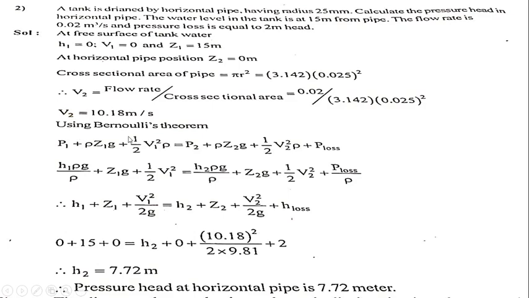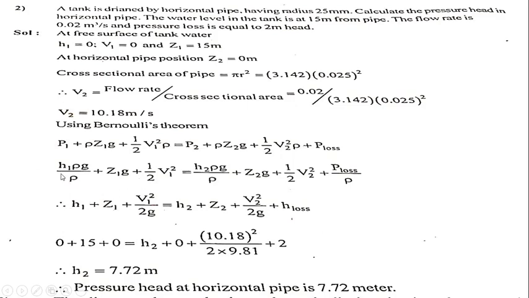Using Bernoulli's theorem, P1 plus rho Z1 g plus half V1 square rho equal to P2 plus rho Z2 g plus half V2 square into rho plus P loss.